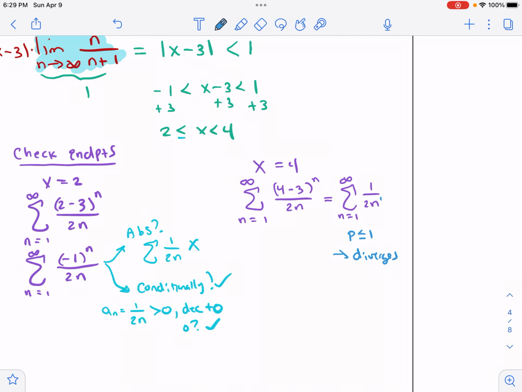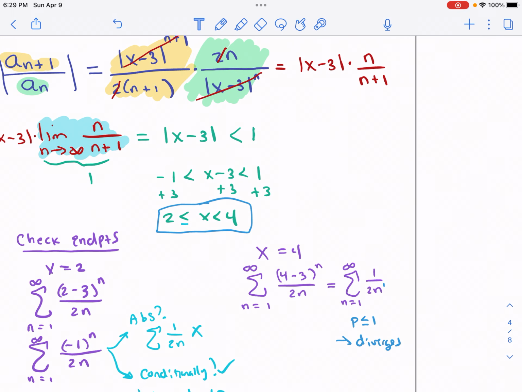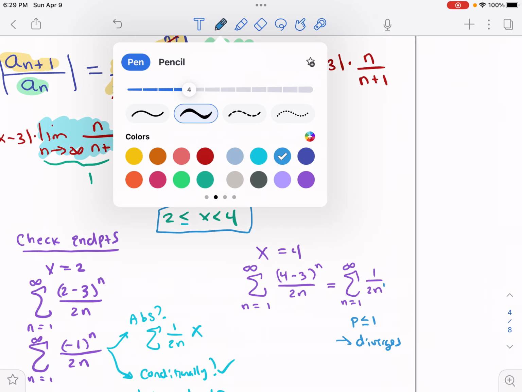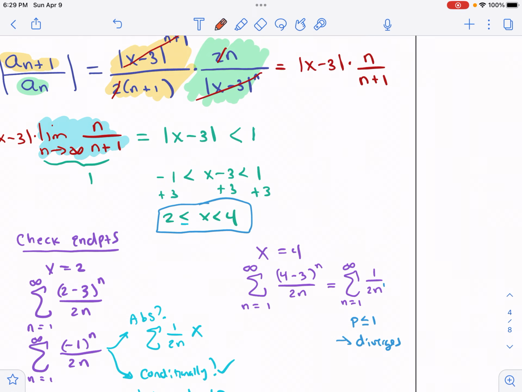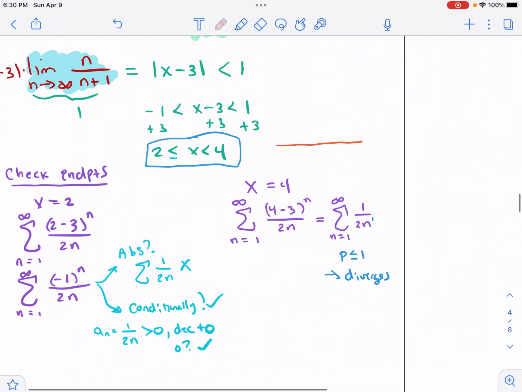So we don't do anything over here on the other side of the equality for the 4. Our interval of convergence includes the 2, and we're going to write that. Now the radius of convergence, if you want to think visually: remember this series is centered at x equals 3, so I'm going to put 3 in the middle, 4 here, and 2 here.